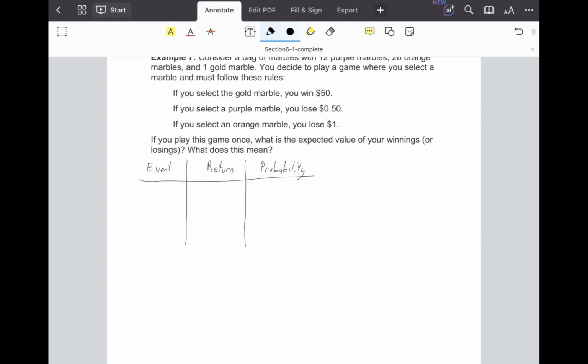And here, the event is a gold marble, a purple one, or an orange one. And the return for this one is 50. We would lose 50 cents for the purple one, and we would lose a full $1 for the orange one.